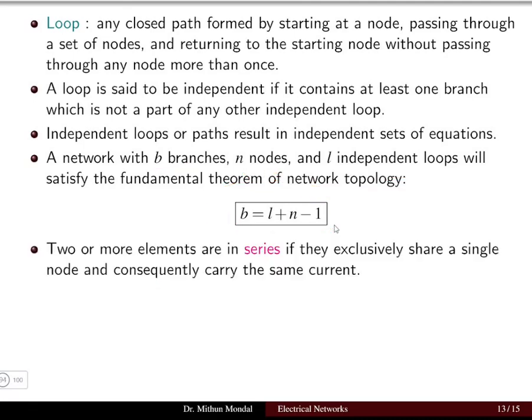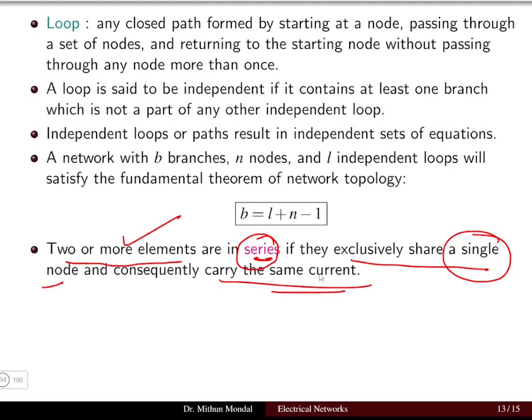Whereas 2 or more elements are said to be connected in series. We have already seen the series and parallel connection, and here we can talk about it in terms of the node. In a series connection, where 2 or more elements are connected, they exclusively share a single node and carry the same current.